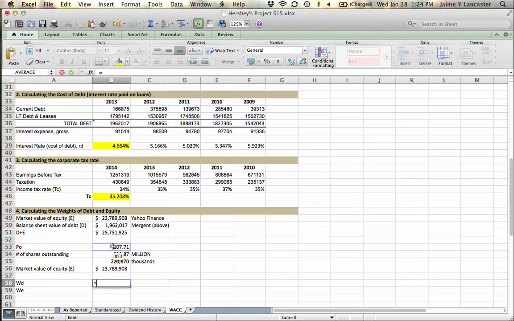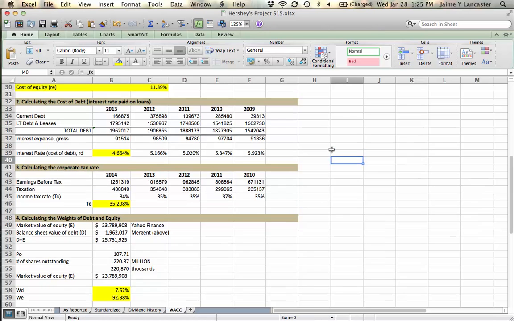So the weight of debt is equal to D divided by D plus E. And the weight of equity is equal to E divided by D plus E. Both of these 2 numbers are percentages. And that's what we're going to call it. So those are the weights of debt and equity. Save your file, save it early, save it often.